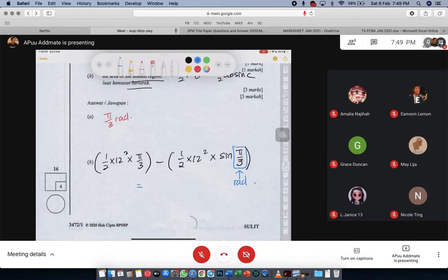Remember, the calculator must be in radian if the calculation involves sin, cos and tangent and the angle is in radian. Unless you change that to degree. If you change to degree, okay, fine, you can use degree. It's up to you actually. Okay, so 1 minute. Try and calculate and see what you get. If pi is not given in the exam, you can actually use the yellow pi in the calculator, or you can use 3.142. Any answer is acceptable.